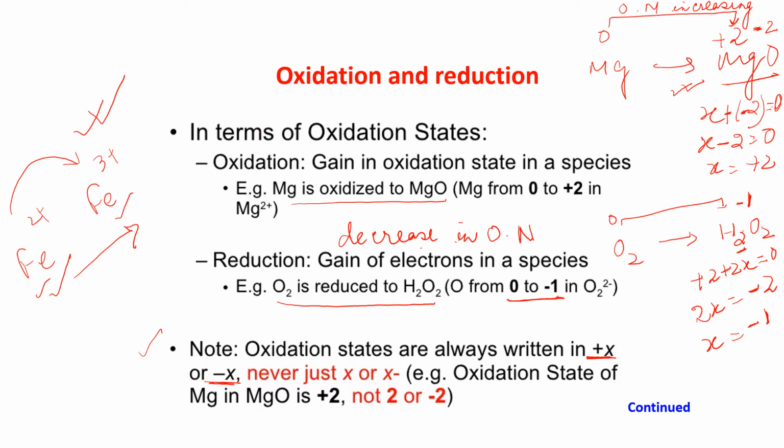Valency is without sign, but oxidation number is having a sign. Never just x, not like that. Oxidation state of Mg in MgO is +2, not 2 or -2. It is having a particular sign.